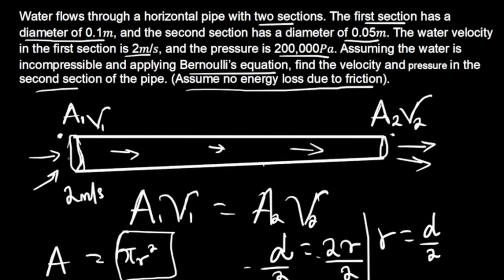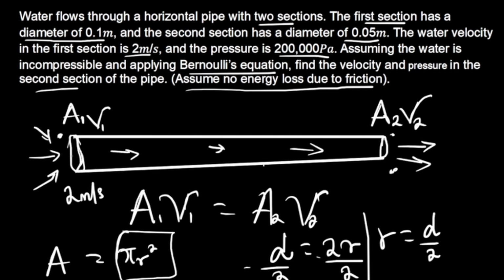As in this question, you have that your pressure at the first section is 200,000 pascals. You are expected to get a pressure less than 200,000 pascals at this end, because the wider the cross-sectional area, the higher the pressure, and the more constricted the cross-sectional area, the lower the pressure, which means this part here is wider than the second part.